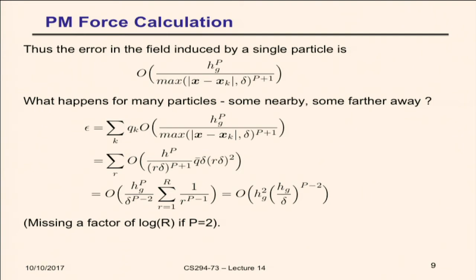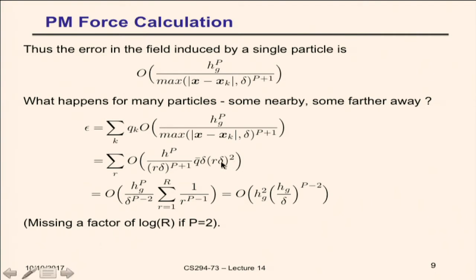So what happens if we have more than one particle, some nearby, some farther away? And in fact, we're going to assume that we have particles that are, at least at some macroscopic level, uniformly distributed.